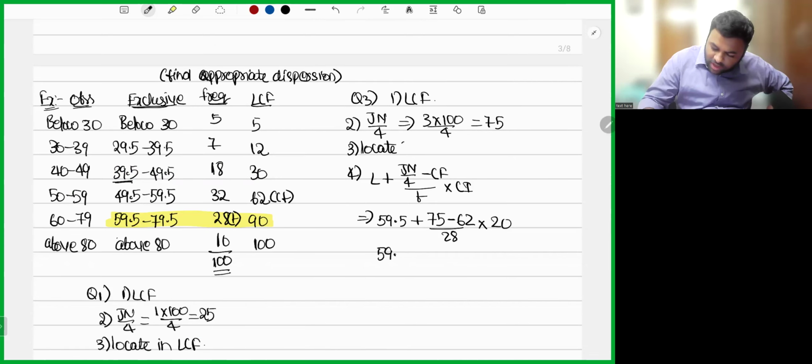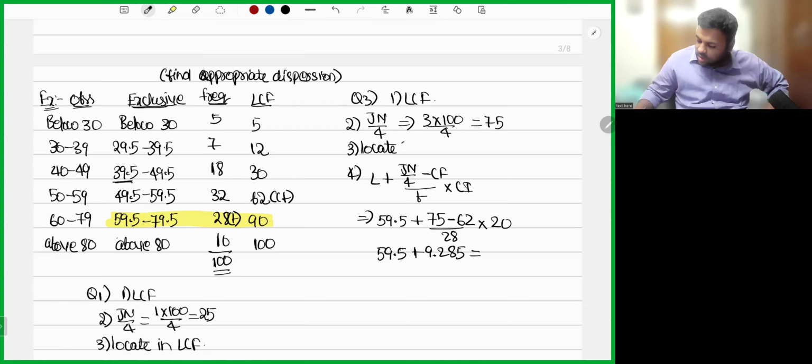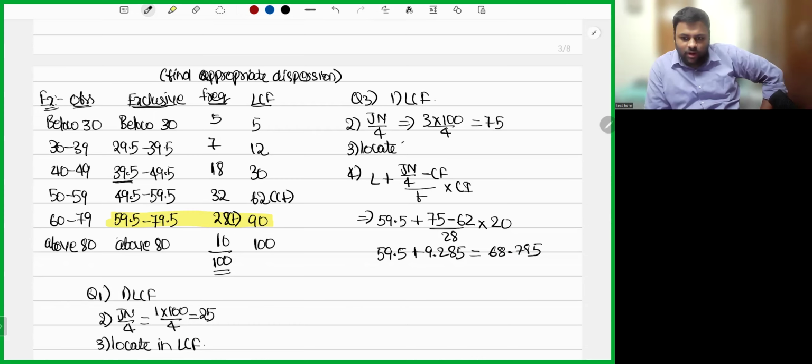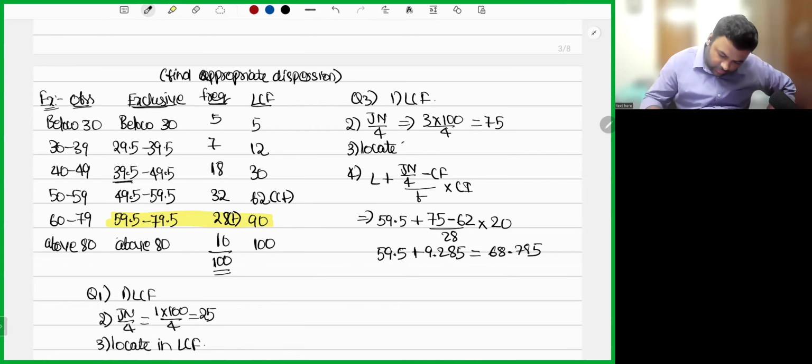So 59.5 plus 9.285 is 68.785. Okay, we got quartile 1, we got quartile 3.